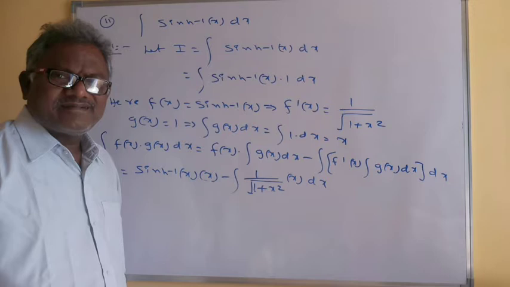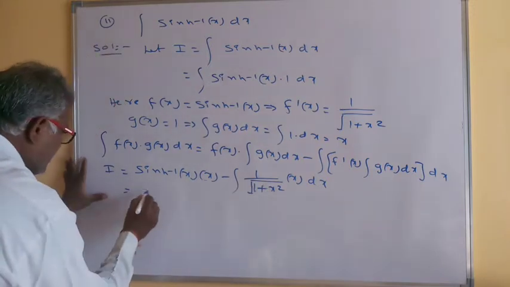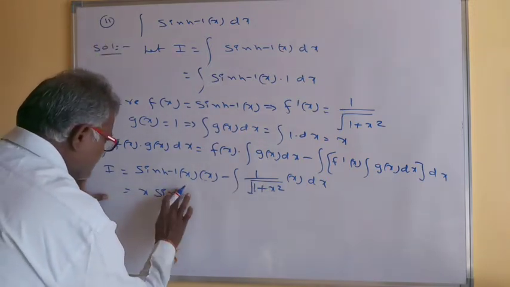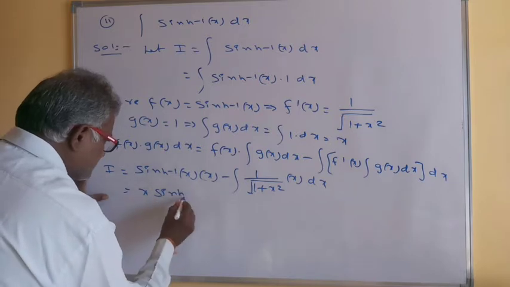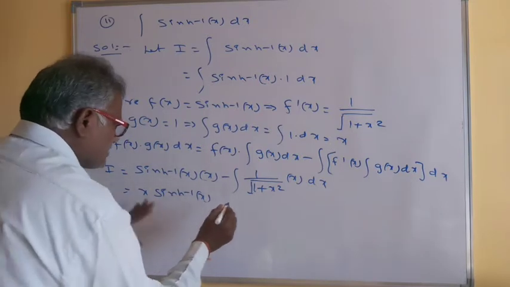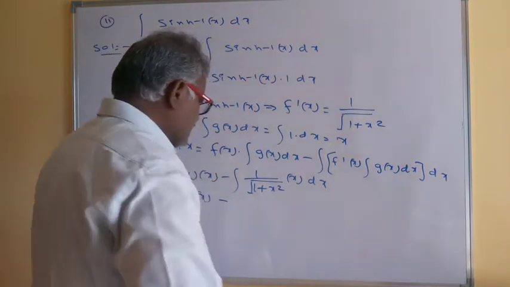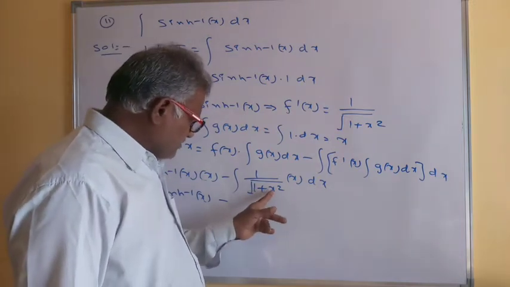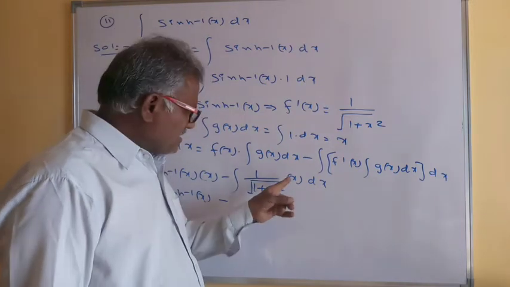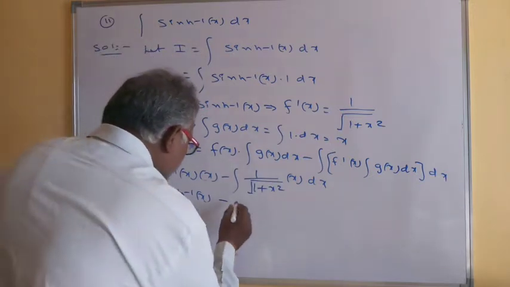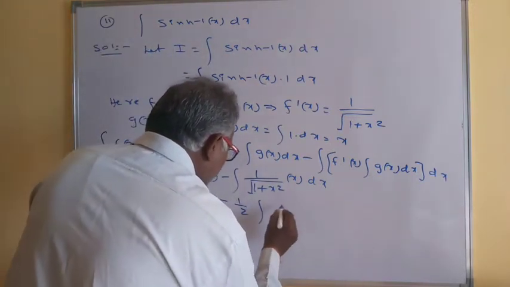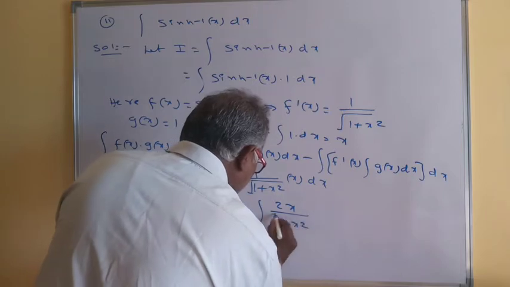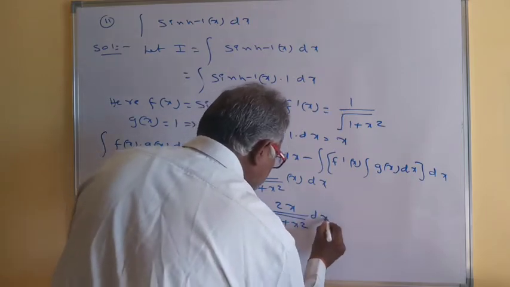Okay. Now I should rewrite x into sin h inverse x minus, you see here 1 plus x square, the derivative of this one is nothing but 2x. Here only x is there. So what you have to do, simply 1 by 2 into 2x by root of 1 plus x square dx.